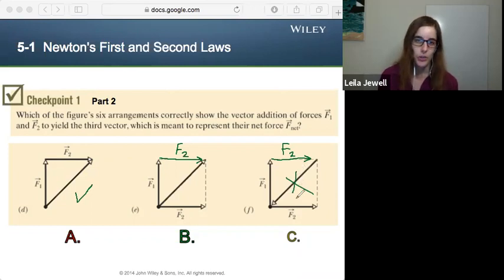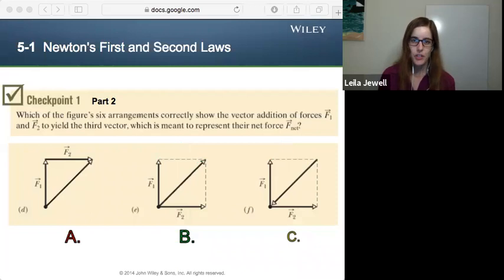We can check that rule in general with the other arrangements, right? F net for A is pointing up and to the right, where F1 is up and F2 is to the right. That checks out. Same thing with B. They both match on being up and to the right, whether you're looking at F1 and F2 or the F net overall vector. So that's a useful frame of reference with this.